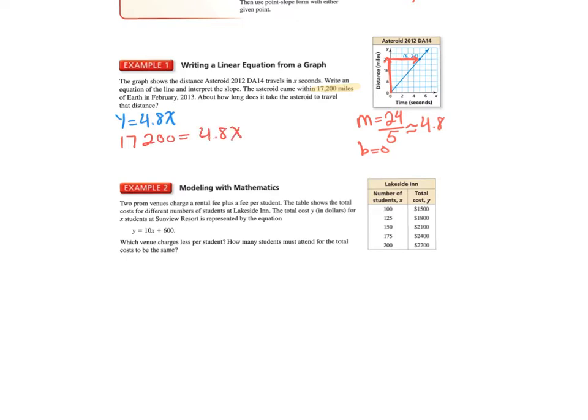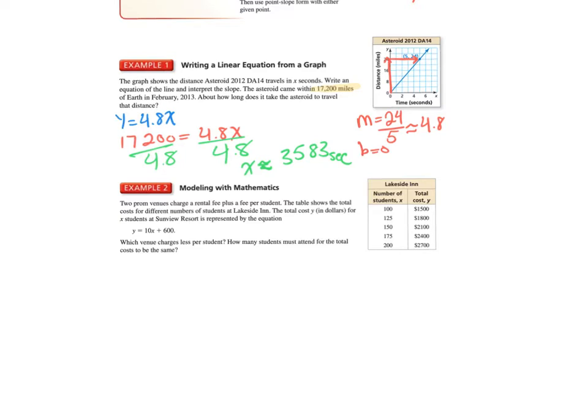Divide both sides by 4.8. So x equals approximately, let's make that an approximate because we have to round, 3,583 seconds. So it would take 3,583 seconds to hit the Earth if it was that close.